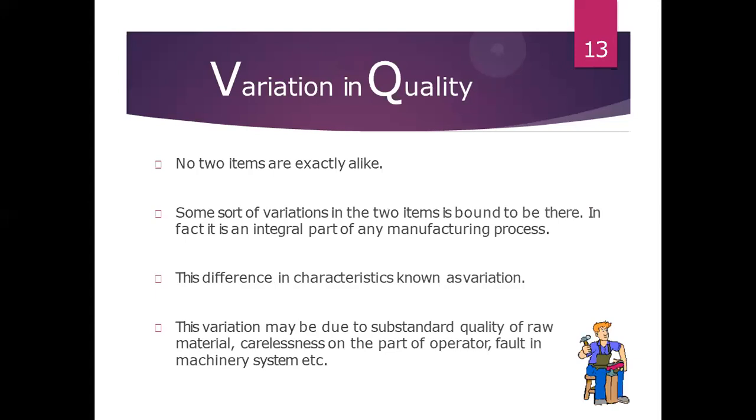Maybe the first bottle will have 1 liter, the second bottle may have 1.01 liter, a small increase, or sometimes 0.99 liter, a small decrease. That occurs because no two items are exactly the same, no people are exactly the same, no raw material units are exactly the same. There are small differences that you have to accept. So that is the first point.